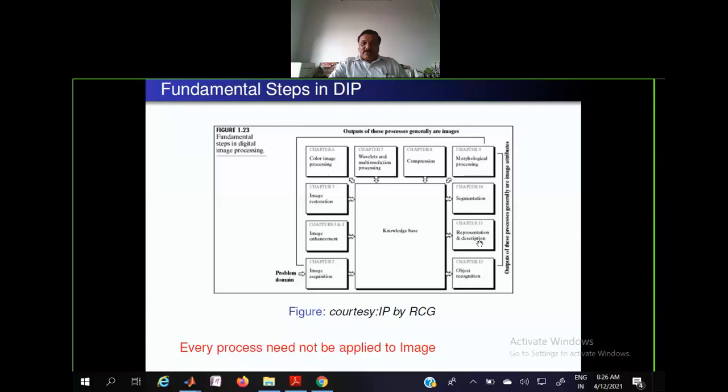representing and describing. For example, once I get the foreground in a segmentation technique, am I interested only in the edges, or in the entire region? So you need to represent which region is important and describe it.